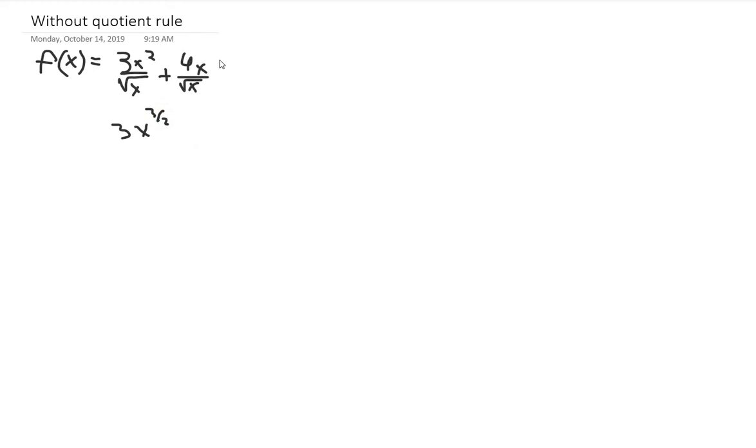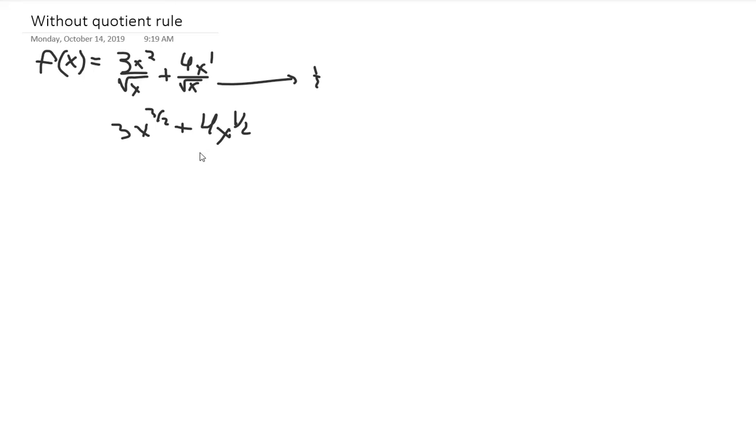And then over here, 4x divided by square root of x, that's the same as 1 minus 1/2. So we'll have 4x to the 1/2. I hope that makes sense. Basically, think of this as a 1. Think of this as a 1/2 exponent. So you subtract the exponents and you divide. So 1 minus 1/2 will leave you with another 1/2. And so this is what we have left.